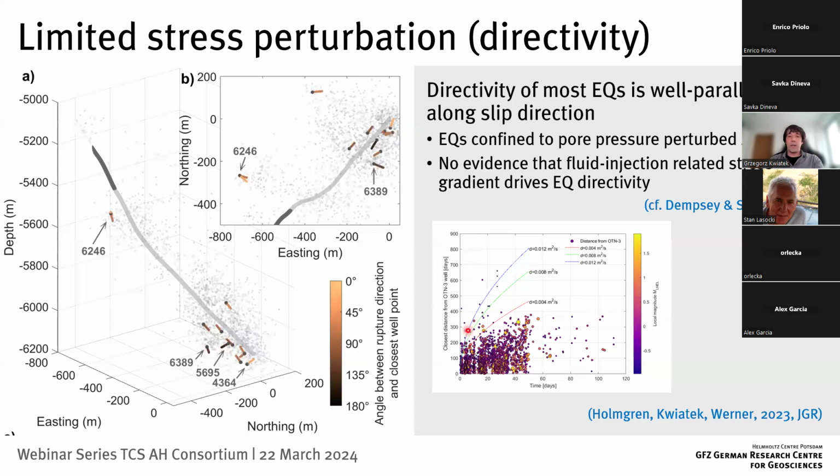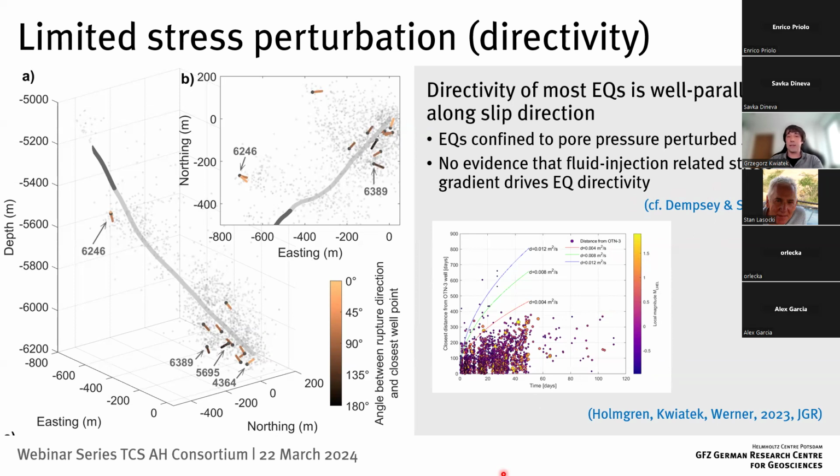In addition, there is no evidence that fluid injection-related stresses drive the earthquake directivity. If we followed the logic of Dempsey and Suckale, a high stress gradient related to fluid injection would promote directivity towards the injection, so towards the well.